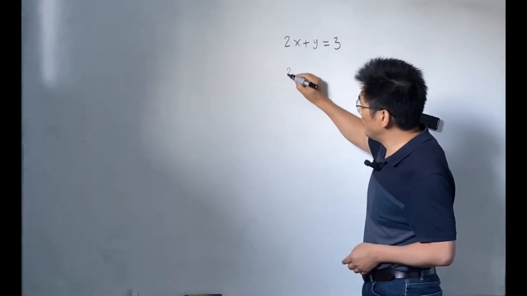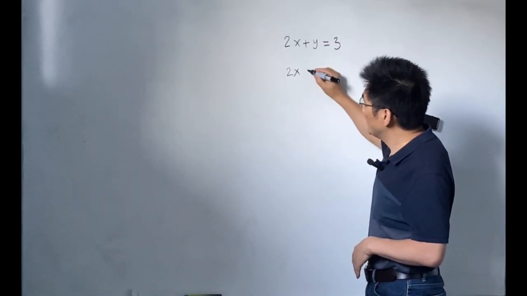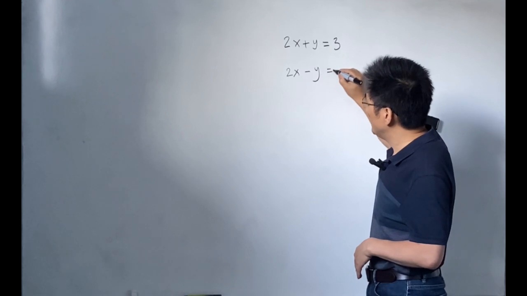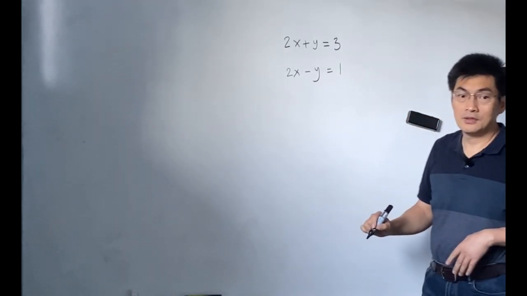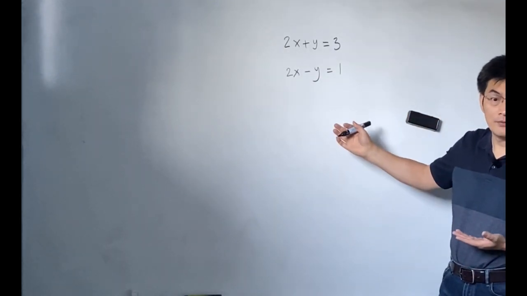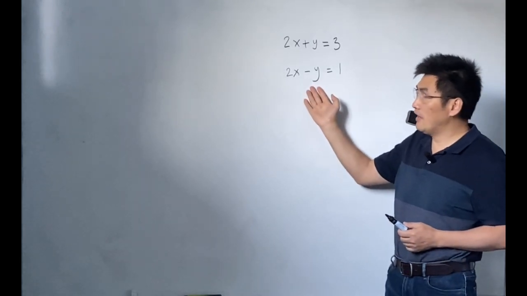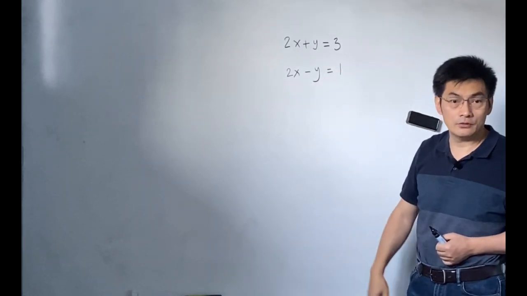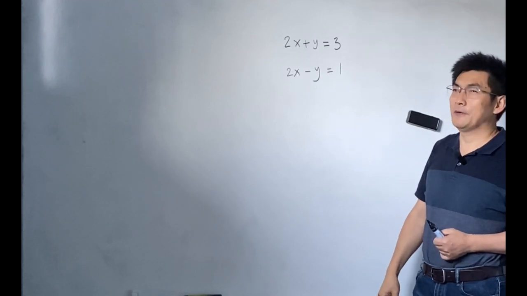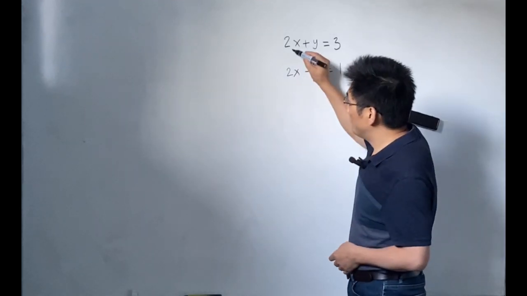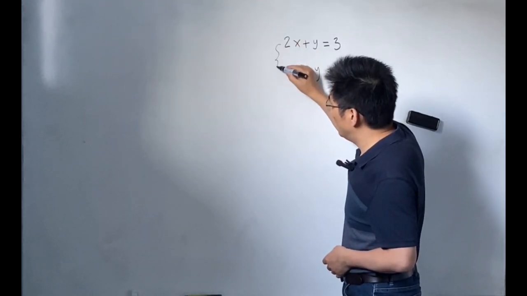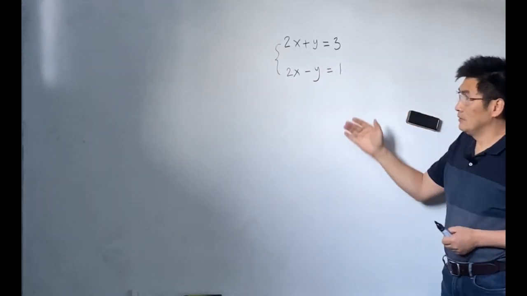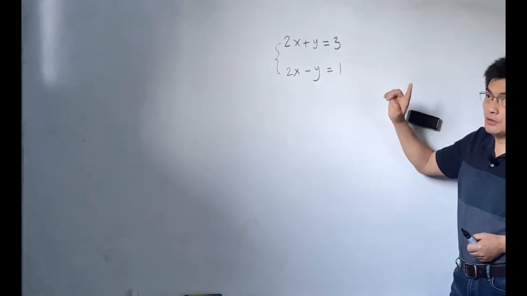So if I have 2x minus y equals 1, all right? I have another one. Well, this one would also have an infinite amount of solutions. They both have an infinite amount of solutions. Okay, so if we combine them, then we can find one solution.